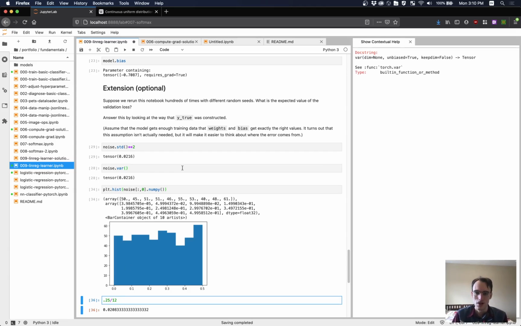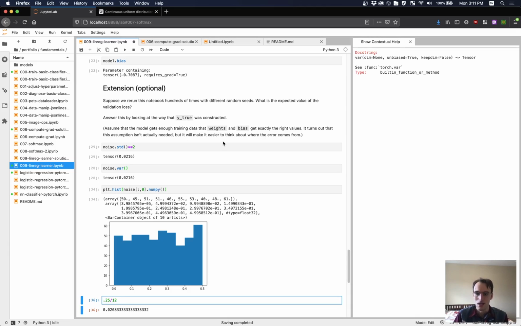We determined that by just looking at the properties of noise as a random variate. If we did a bunch of different random seeds, we'd just get different random values for the noise, and their expected variance would be this. And if we assume that our model perfectly learned the weights and biases, then this is the error we'd get.